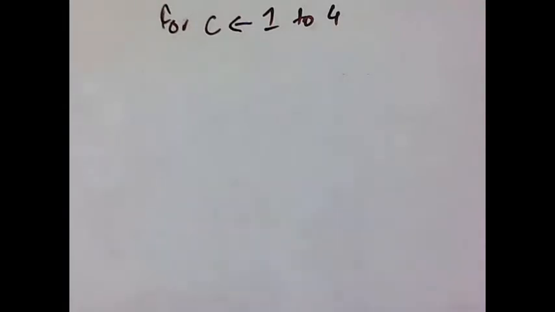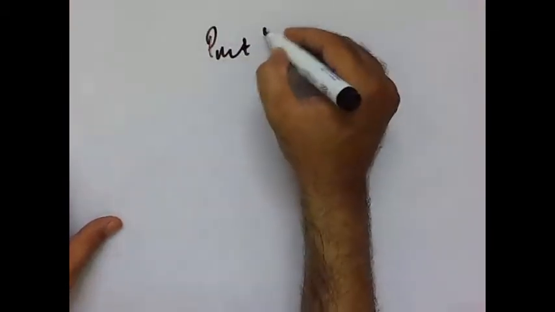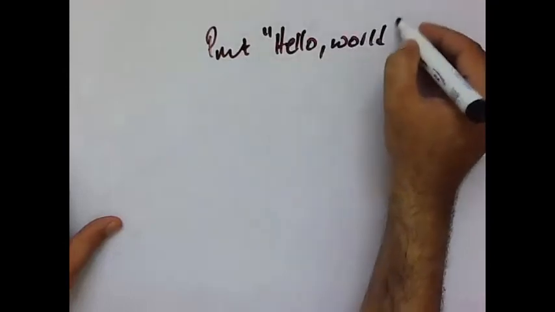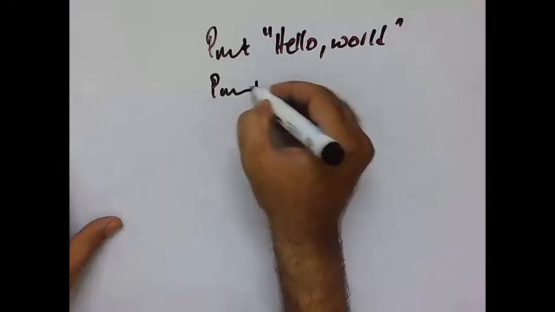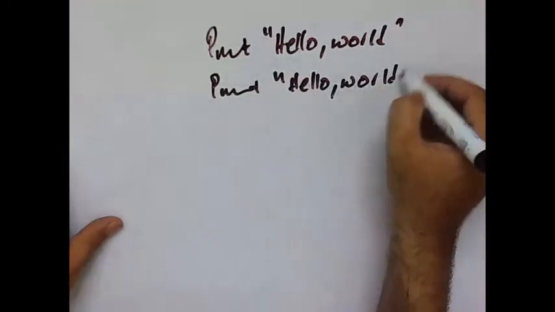So let's say I want the computer to display hello world on screen 3 times. Then I would need to write this, if I am using a programming language, print hello world 3 times.